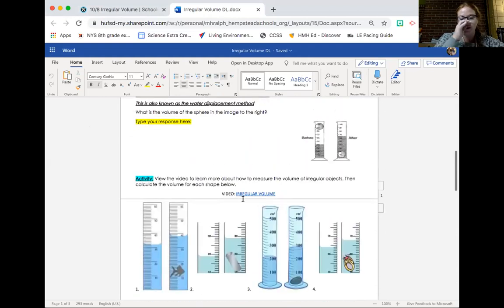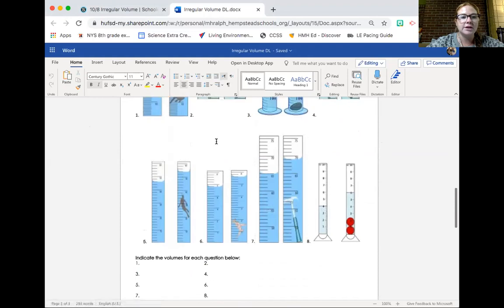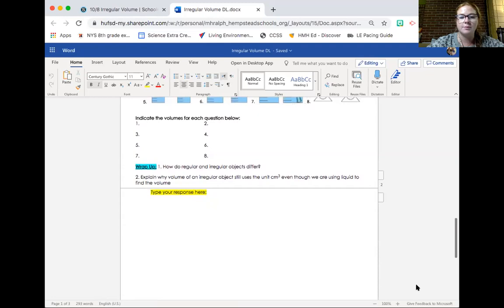And if you would like to learn a little bit more about irregular volume, you can click this link here and watch a video on irregular volume. So take a few minutes to complete the worksheet and find the volumes, and then you can press play, continue the video to partake in the wrap up for today.